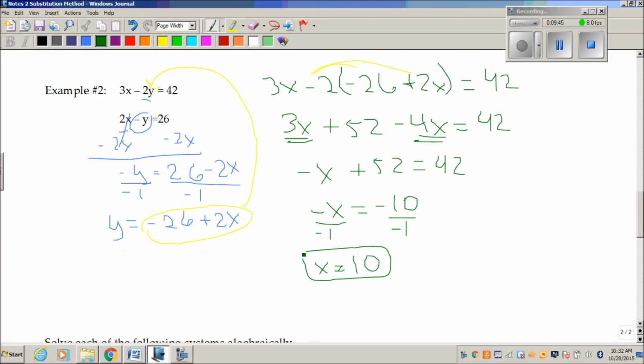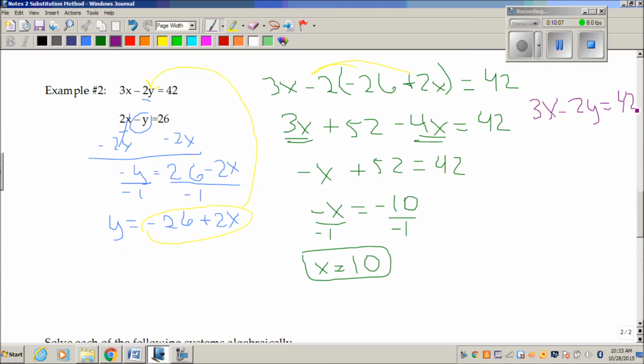So now once I know that x is equal to 10, I can substitute that into either equation. It won't matter to find my value of y. Okay? So now I'm going to substitute it. I'm just going to choose the first equation. So it's 3x minus 2y equals 42.